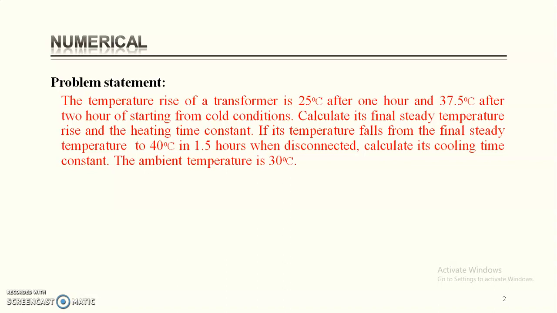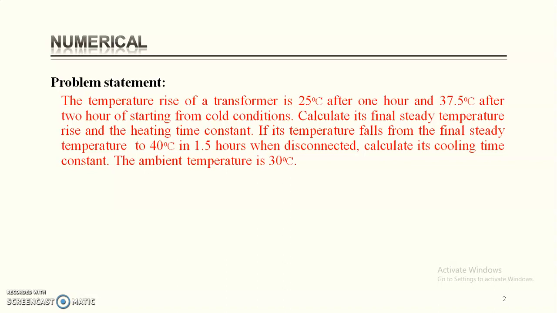Calculate its final steady temperature rise and heating time constant. If its temperature falls from the final steady temperature to 40 degrees Celsius in 1.5 hours when disconnected, calculate its cooling time constant. The ambient temperature is 30 degrees Celsius.